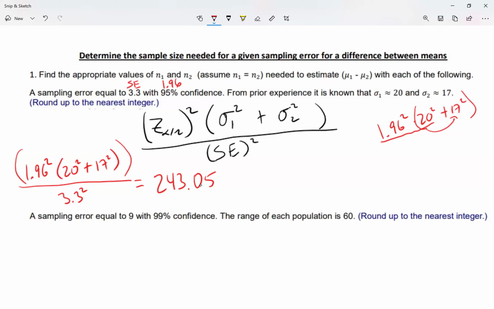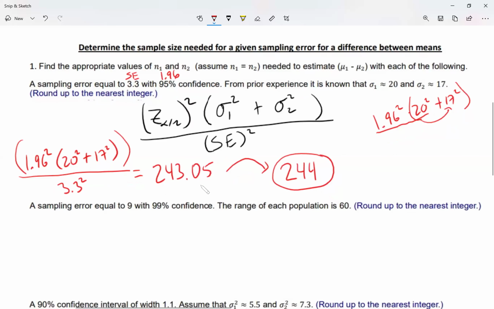So I'm always going to go up to the next number. Always round it up. So my sample should have 244. Again, I'm not going to the nearest whole number, I'm rounding up to the nearest whole number. Always you go up, because it cannot be less than 243.05.